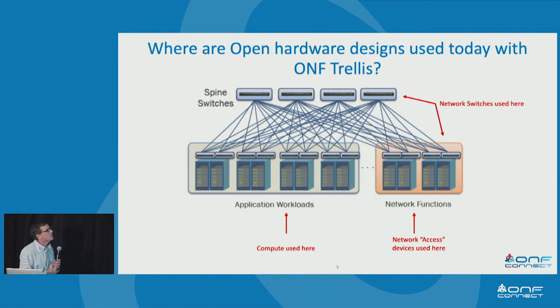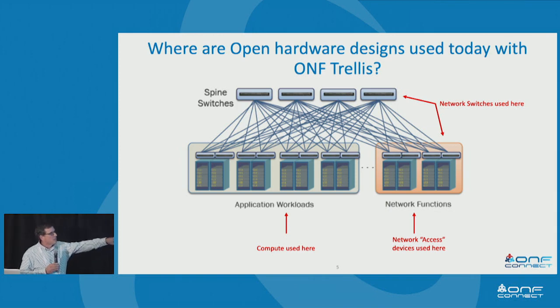Looking at Trellis a bit further, where are these open designs used at the different spots within Trellis? We have this leaf spine architecture, and of course switches are used at those levels. Historically, for the generic Trellis design, those have been more data center centric switches through OCP, so the associated silicon goes along with data center centric switches.